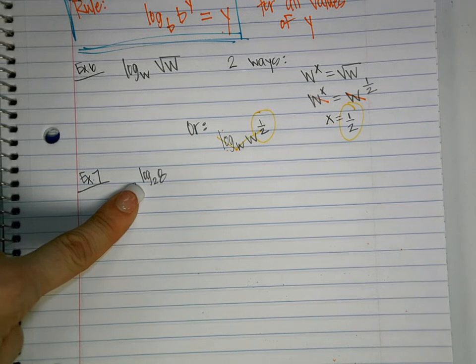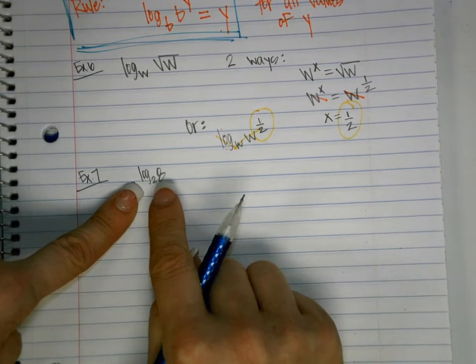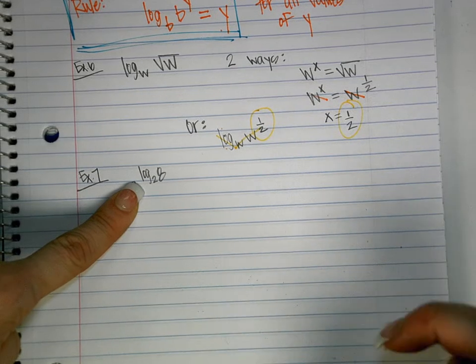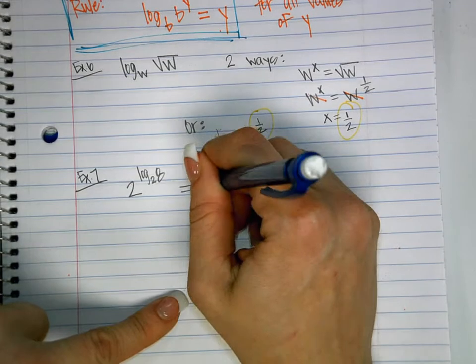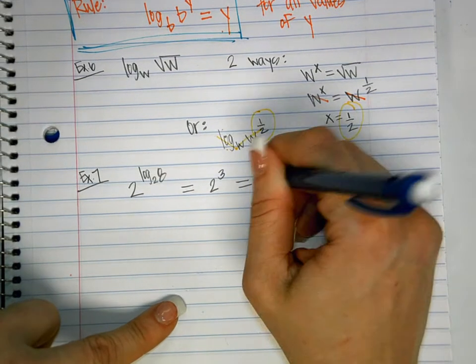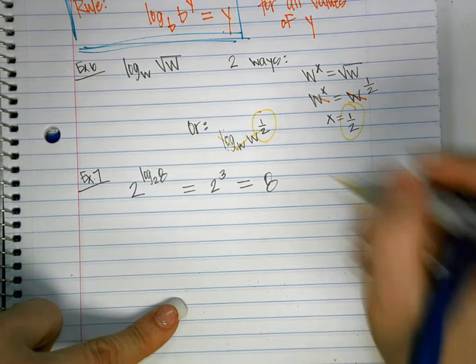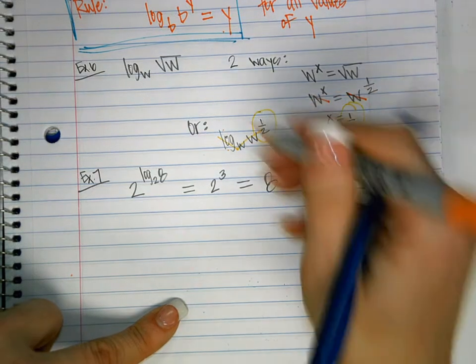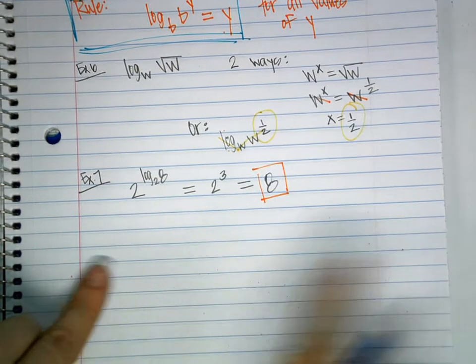First I want to simplify. What is log base 2 of 8? 3. So really this becomes 2 to the 3rd, which is what? 8. That's your answer. So you had to simplify first.